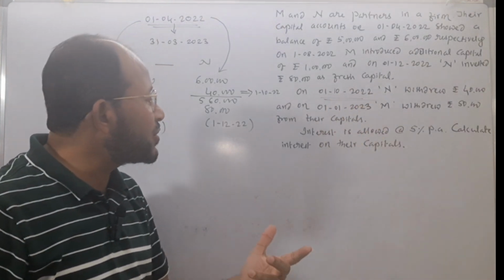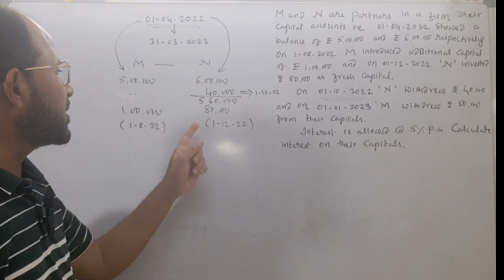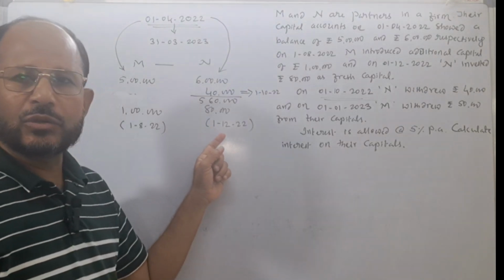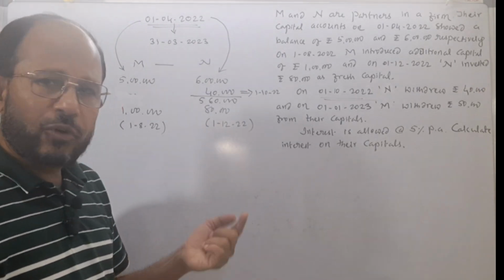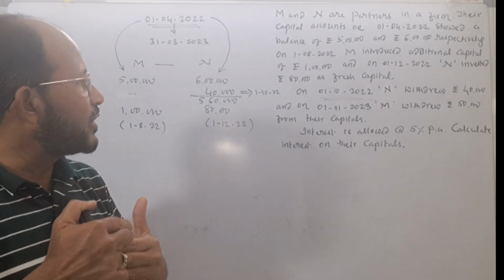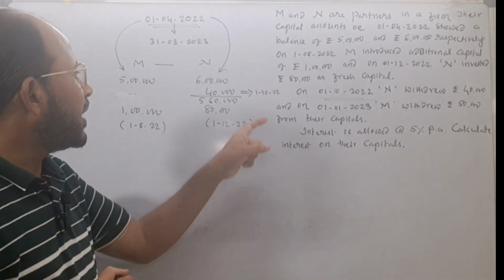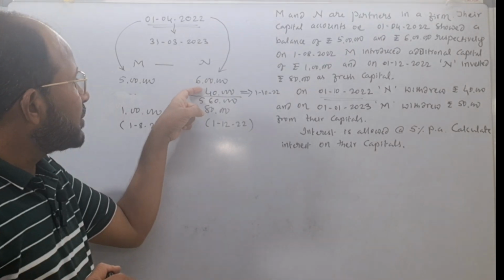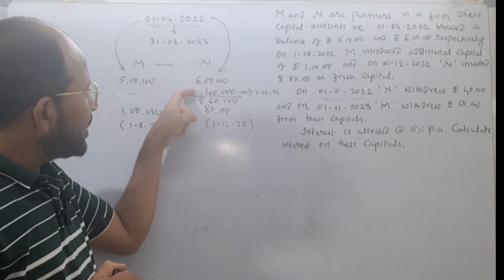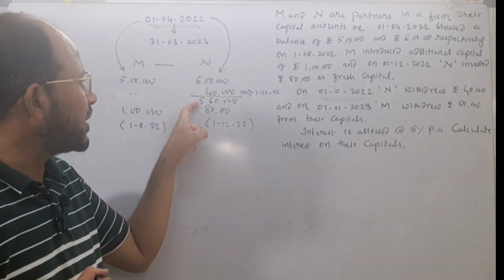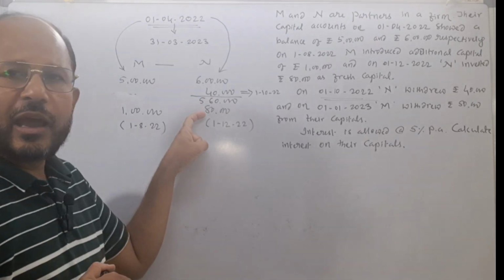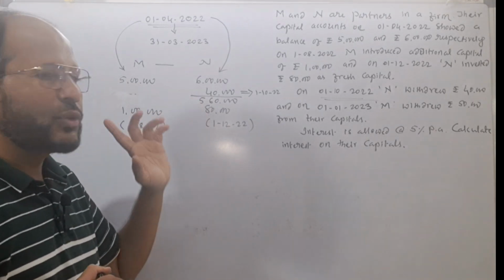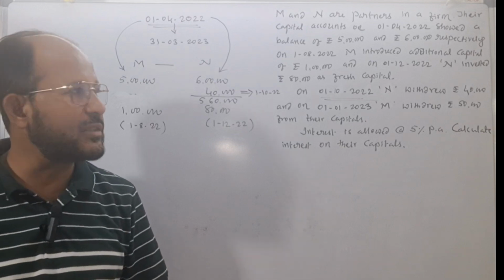But he has invested additional capital of rupees 80,000 on 1st December 2022. It means before the additional capital, he has withdrawn rupees 40,000. That is why when 40,000 is withdrawn, the total capital balance comes to rupees 5,60,000, and to this we add additional capital, then it comes to rupees 6,40,000. Very simple thing is there.